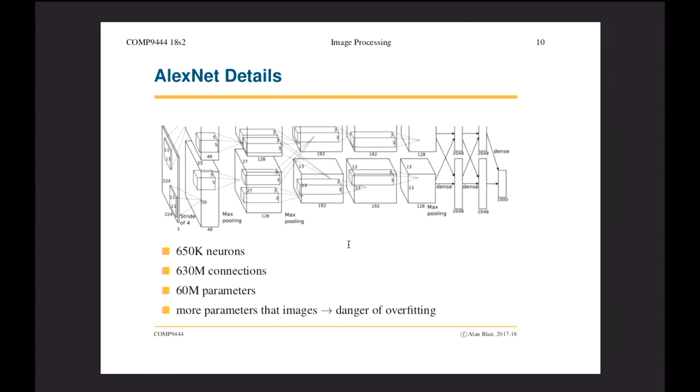Well, it depends how you measure it, but if you measure it in terms of the number of images, each image is telling you one classification, so each image is, in a sense, only one. You've got a million images, but you've got 60 million free parameters, which suggests that there's a danger of overfitting.